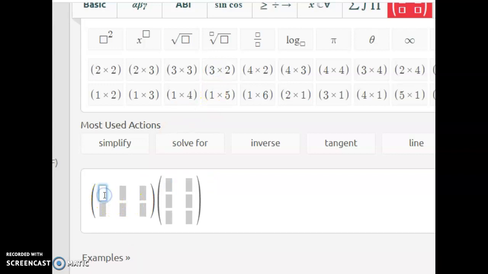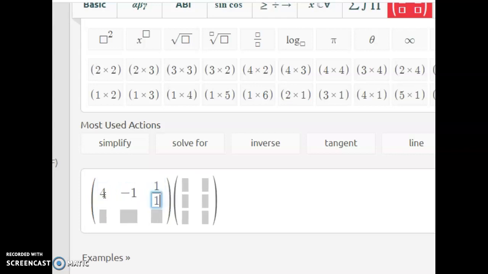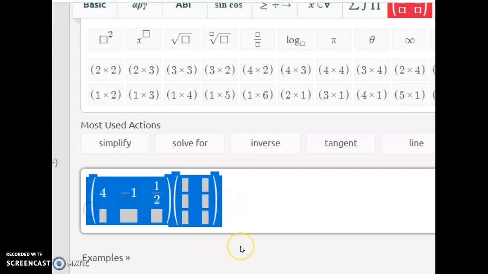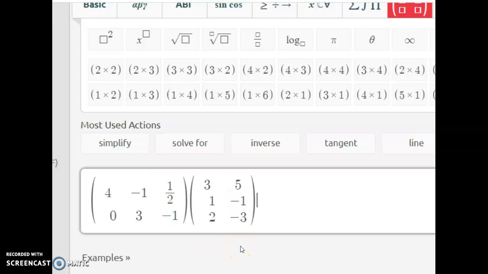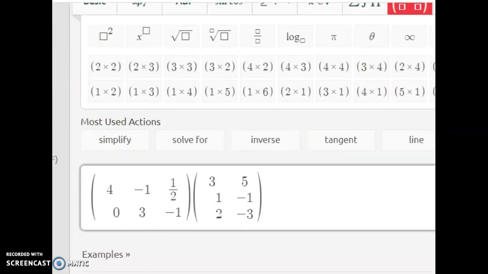And then I would plug in the numbers from the book, for example, 4, -1, 1/2, and so on, and type everything in. But of course, I have it prepared. So here it is, and I hit the go button and it calculates it for me.